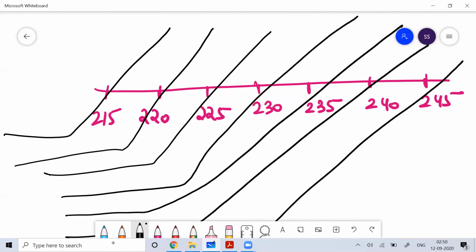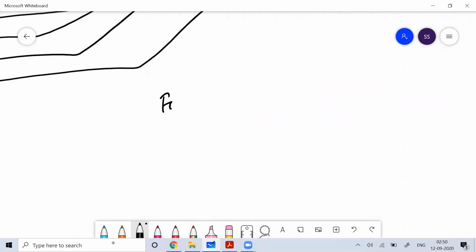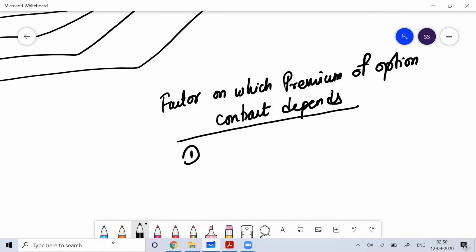This premium depends upon the difference between the spot price and strike price, although the premium depends on a lot of factors. If I ask you the factors on which the premium of an option contract depends, it depends upon the spot price and the strike price.